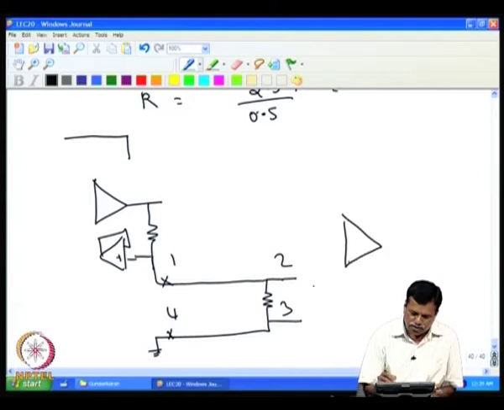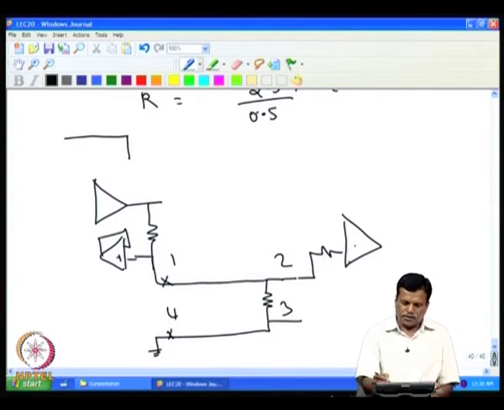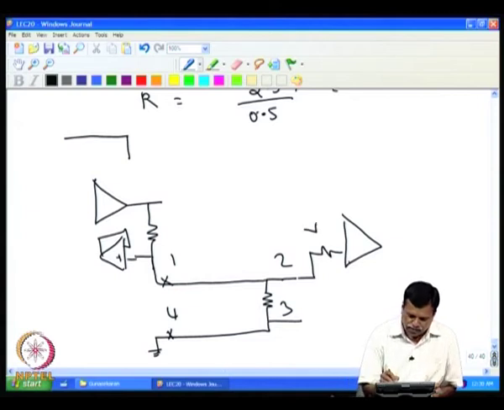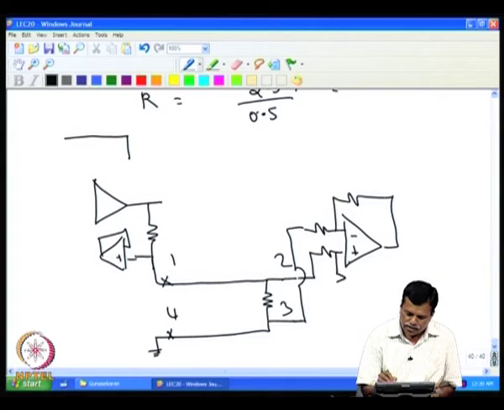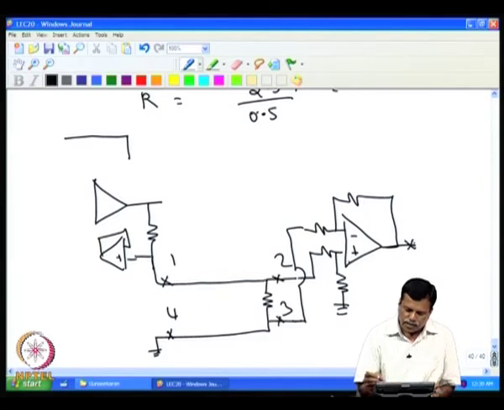So, this is at higher potential, this is at lower potential. So, one can do this, or even one can do it in a different way, we can have a difference amplifier first. So, one can have this, and then if this is grounded, then the difference between these 2 points will appear across this.